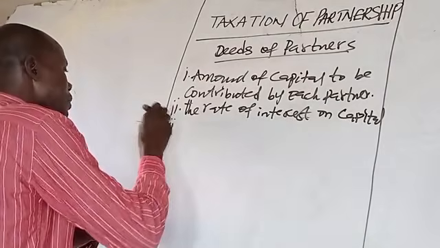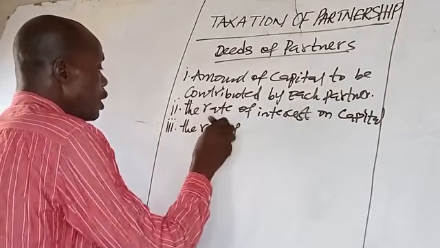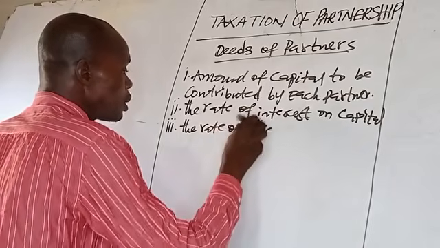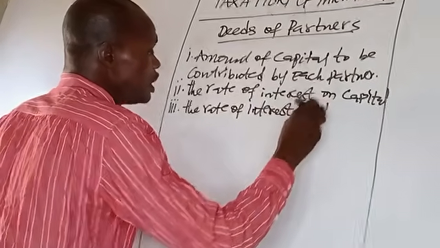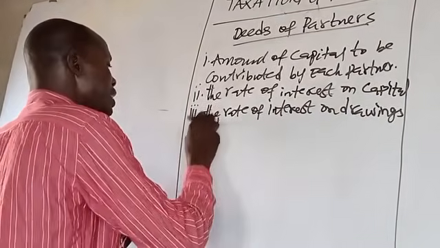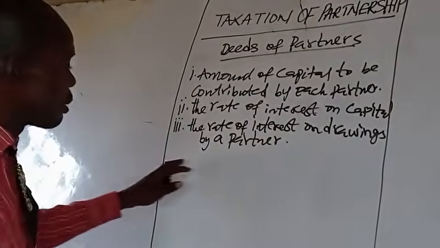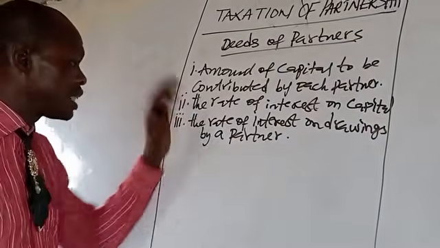Number 3, the rate of interest on drawings by a partner, where any partner withdraws any resources from the partnership business.